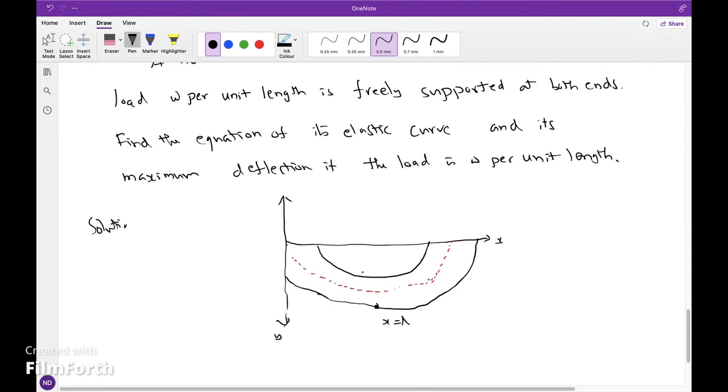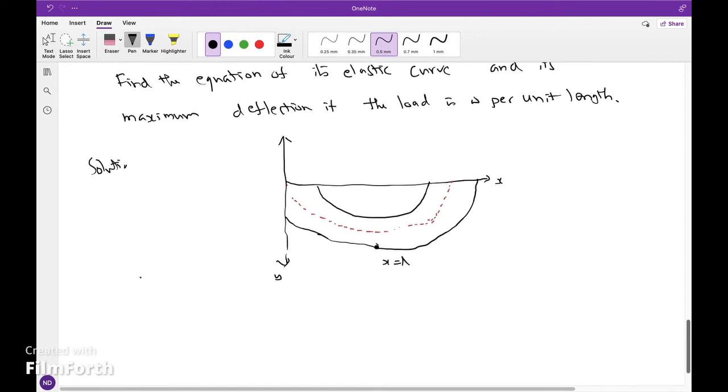Let P be any point on the elastic curve.